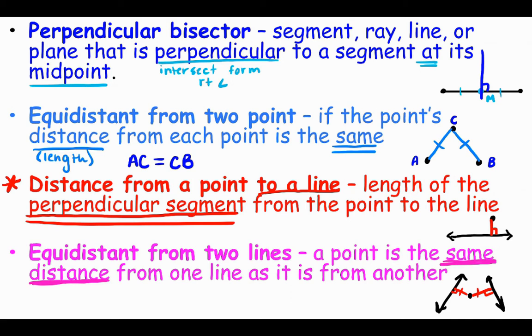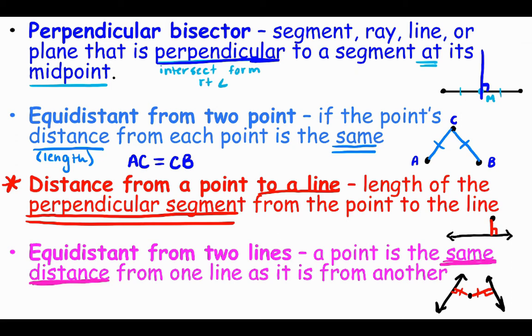We have already learned what it means to be perpendicular. Perpendiculars intersect to form a right angle. So at the intersection of our perpendicular bisector and the original segment, you are going to have a right angle, and it's going to happen at the midpoint.